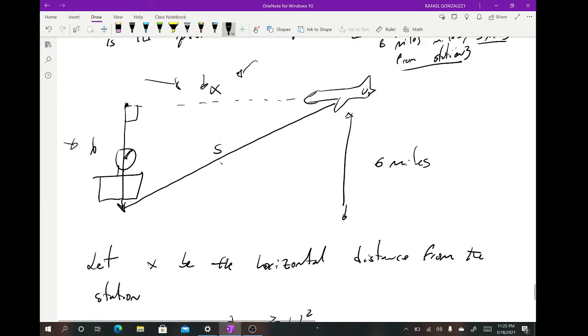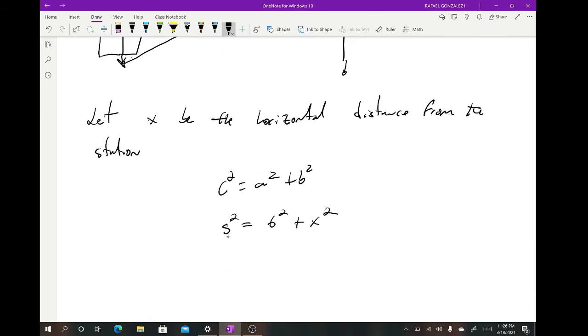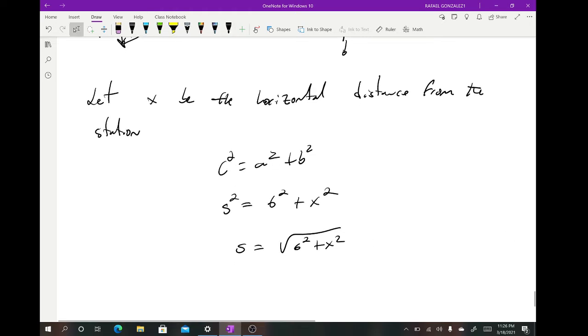And we actually could find out what the value of S here will be. If we take the square root on both sides, we have S is equal to plus or minus the square root of 6 squared plus x squared. Now, I'm not worrying about the plus or minus because this is in relationship to distance. So distance is always positive, so we pick the positive distance.